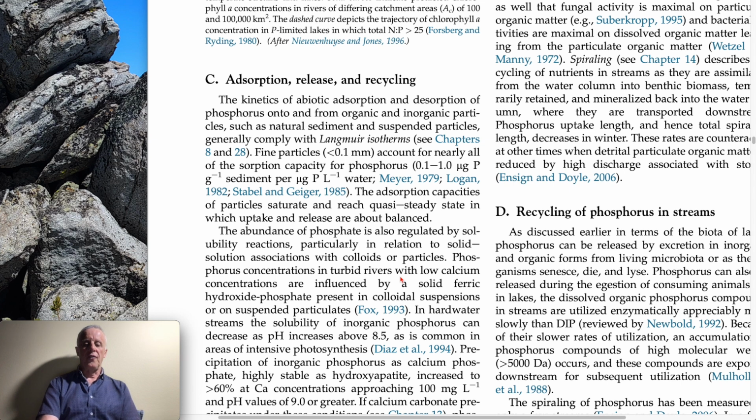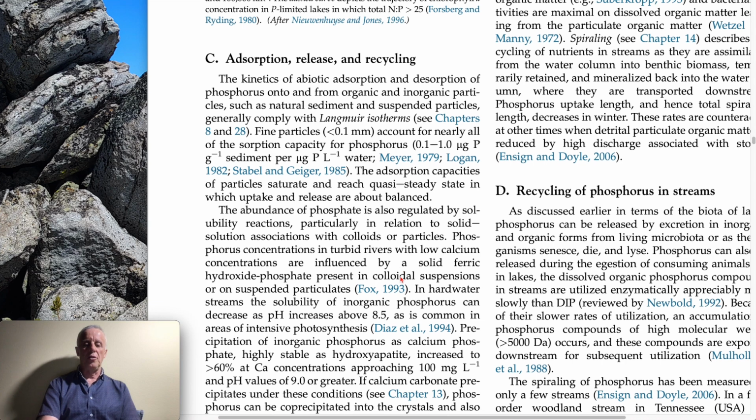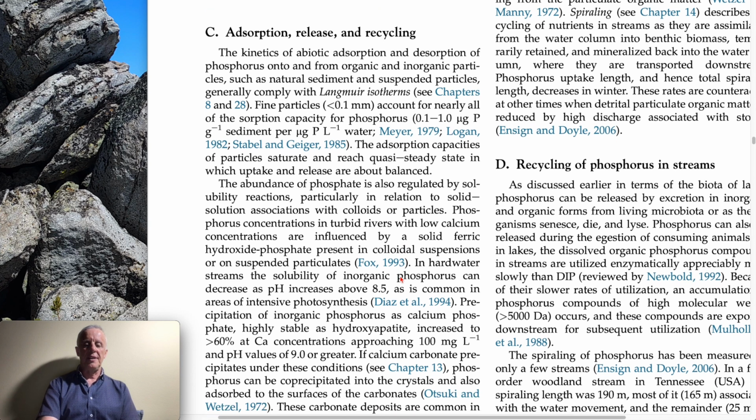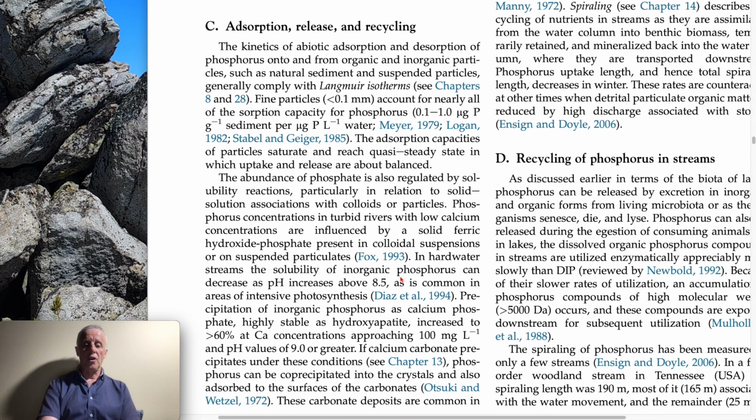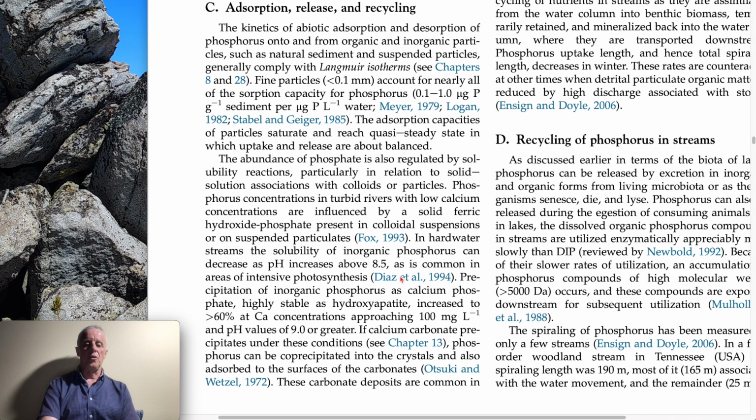The abundance of phosphate is also regulated by solubility reactions, particularly in relation to solid solution association with colloid or particles. Phosphorus concentrations in turbid rivers with low calcium concentration are influenced by a solid ferric hydroxide phosphate present in colloidal suspension or in suspended particulates.